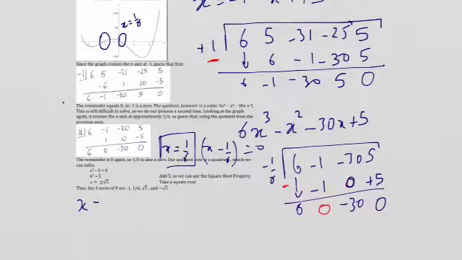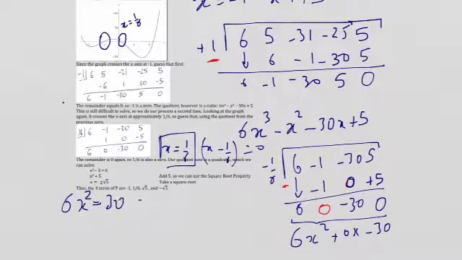So from this right here, I'm going to transform my 6x cubed minus x squared minus 30x plus 5 into a 6x squared plus 0x minus 30. And then to find the zeros of 6x squared plus 0x minus 30, that's super easy because 6x squared minus 30 equals 0.